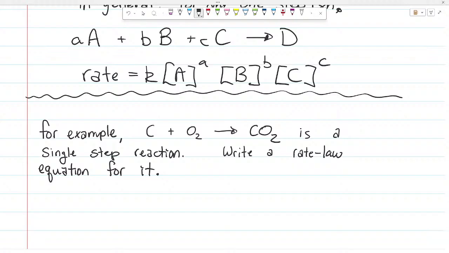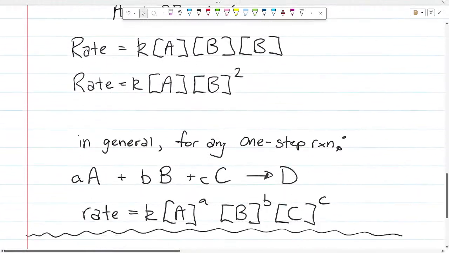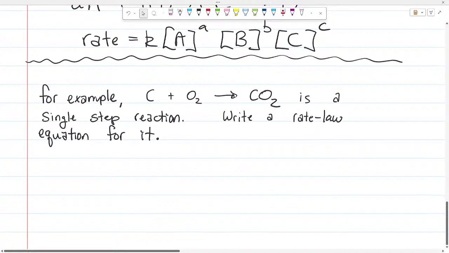So this is a nice simple one. We want you to write a rate law equation for this single step reaction. All right? So we know what we're doing with that, but now we're dealing with a real equation.